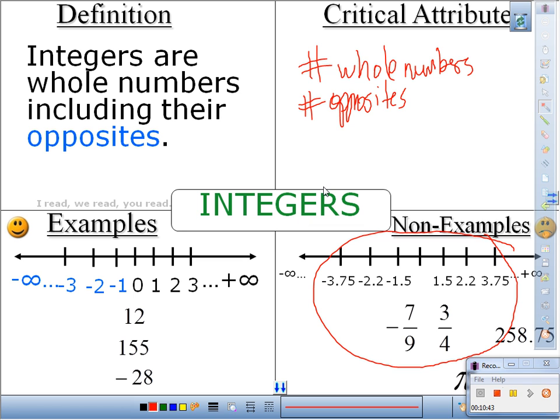What would you hashtag it then? Yeah. Hashtag non-whole numbers. Integers are whole numbers. Yes. Hashtag no fractions. No fractions. And the last hashtag. Yeah. Hashtag no decimals.